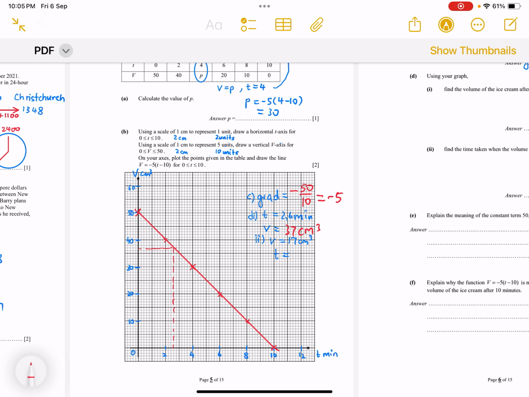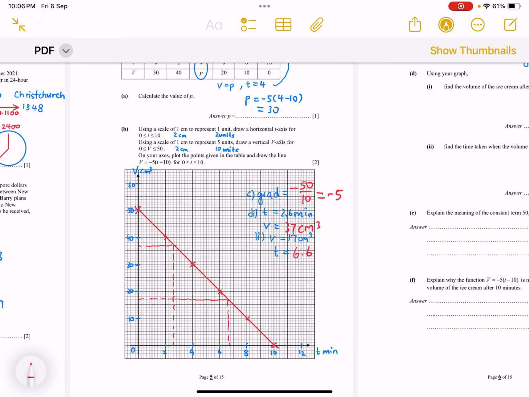And when the volume is 17, we draw a dotted line, and then we read 6.6 minutes.